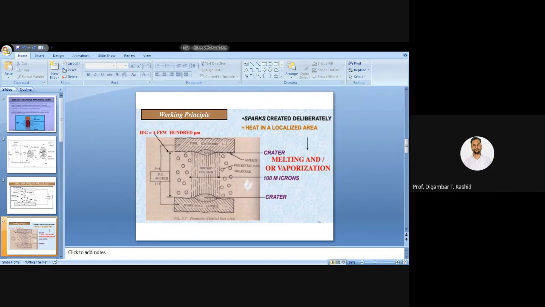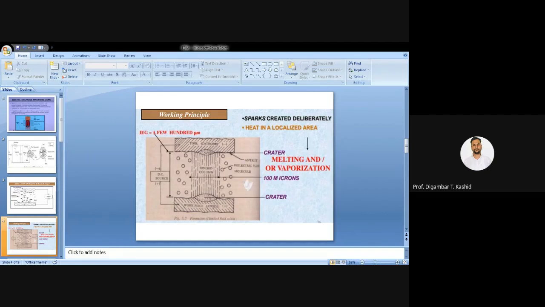Where the minimum gap is there, the craters are distributed between that distance. So these craters are distributed over all your workpiece surface, just below your tool. The most important thing is that whatever the replica of the tool is, the same replica of the tool is generated on your workpiece surface itself.